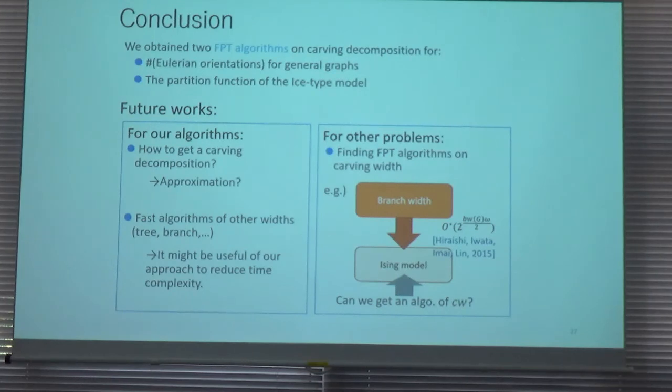It is a bit far from application, but this kind of framework may be used to apply to other problems. Because our algorithm for the Eulerian orientation is very simple, we can use the framework for different but similar kinds of problems.